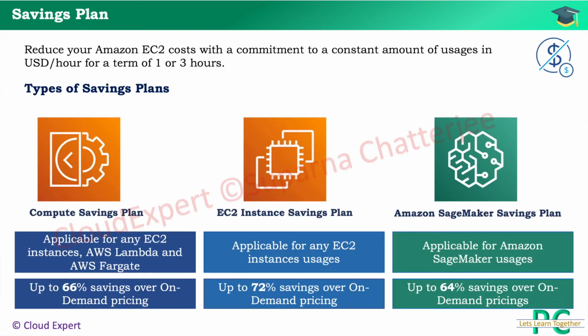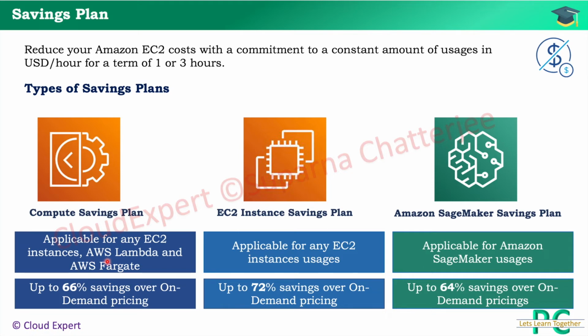Currently, AWS offers 3 types of Savings Plans. First, Compute Savings Plan, then EC2 Instance Savings Plan, and third, SageMaker Savings Plan. Now let's compare each.